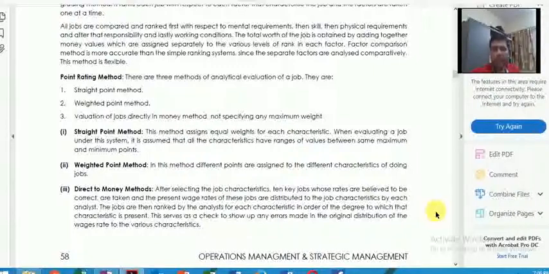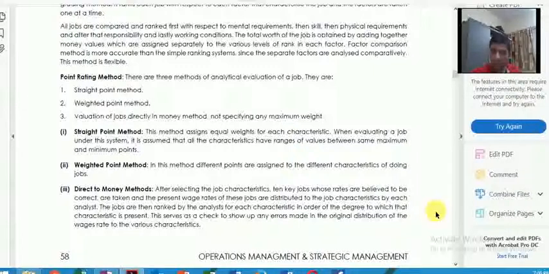Second is the weighted point method. What we are doing here is assigning points to different characteristics, but not equally. In the previous example I told you that 6 characteristics have 6 points.